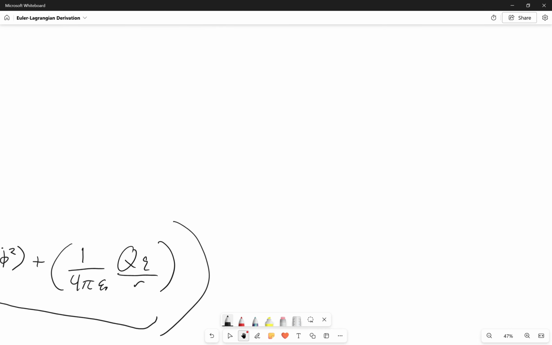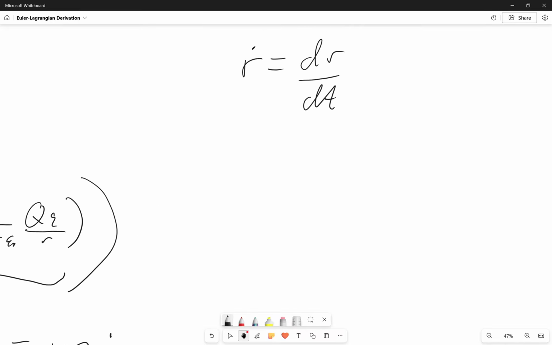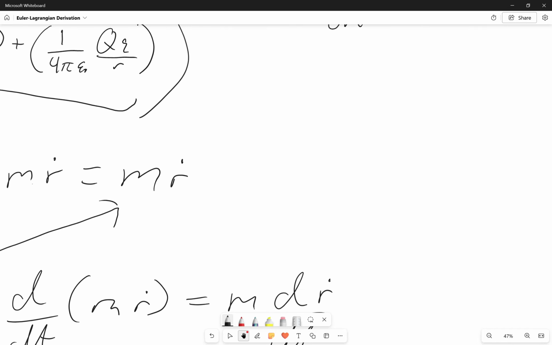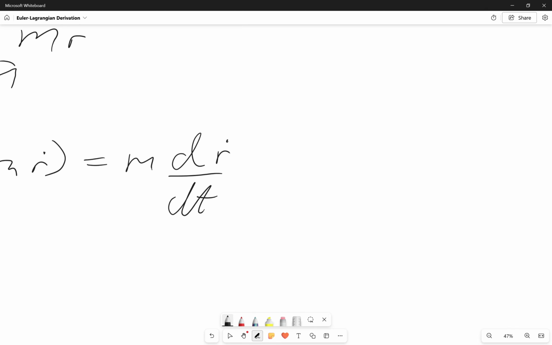I mentioned in the other video, since r dot is the time derivative of r, taking the time derivative of r dot should give me r double dot, and that will equal an acceleration. So it'll be mass times r double dot, which equals mass times acceleration, which will equal a force.